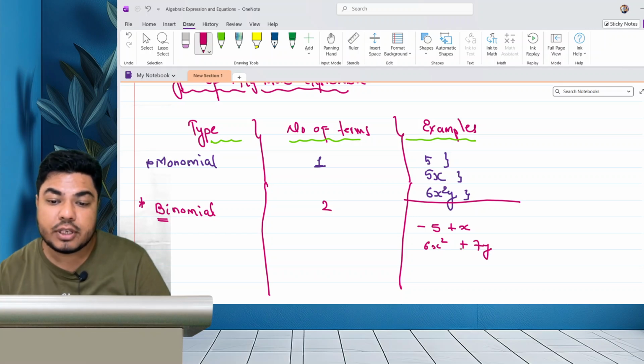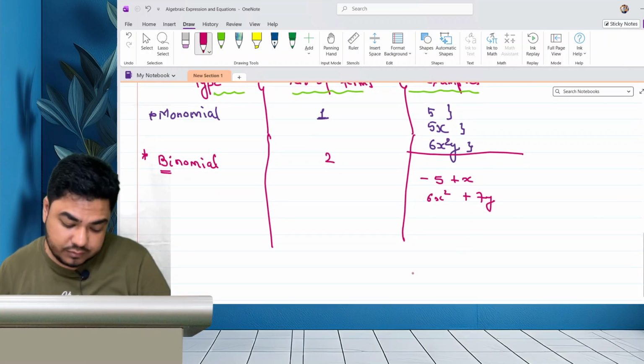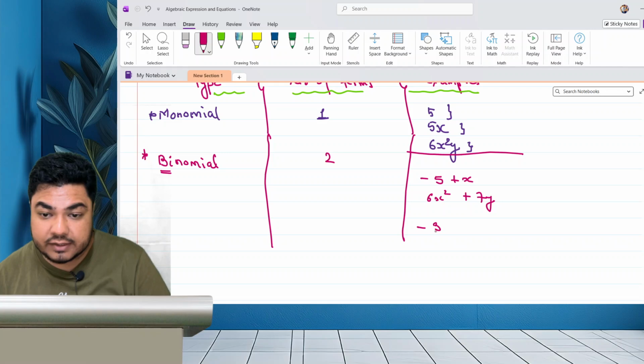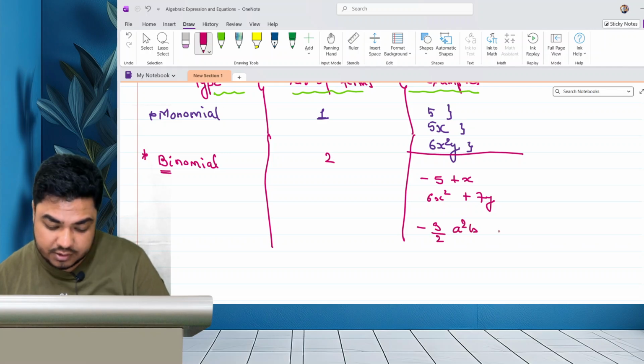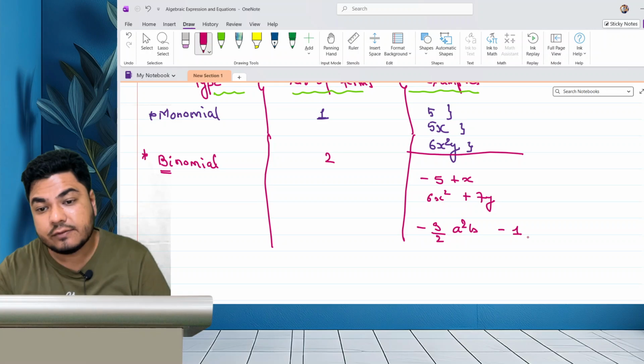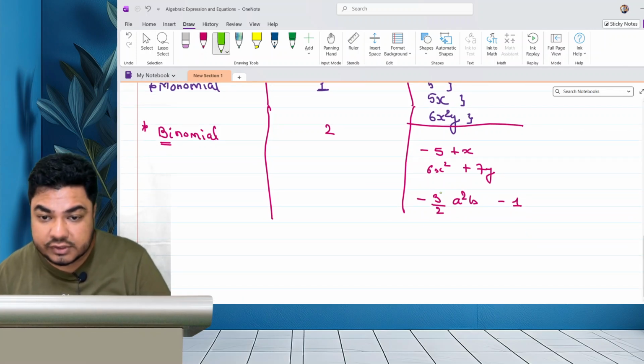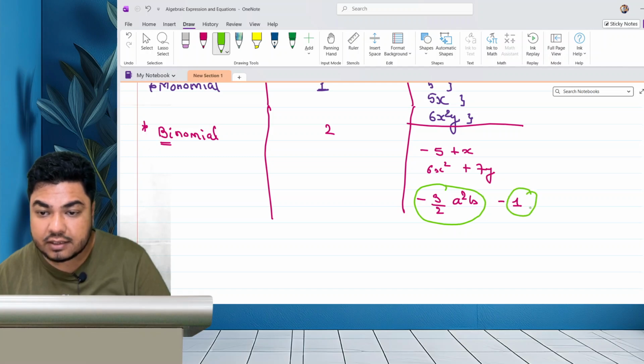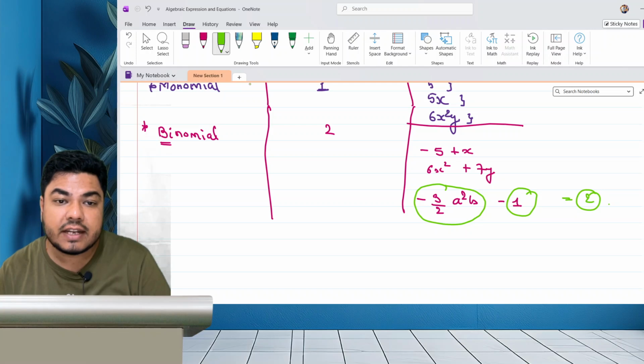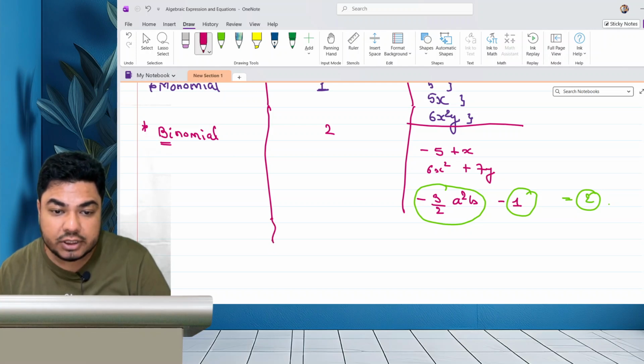This is an example of binomial. Minus 3 upon 2 a square b minus 1. This is one more example of binomial. Okay, so if you see over here, this entire thing is one term and this is another term. So in total, we have two terms, and that is the reason why it is called binomial.